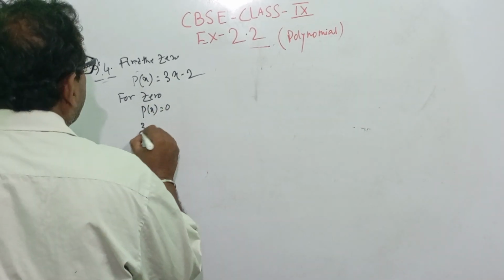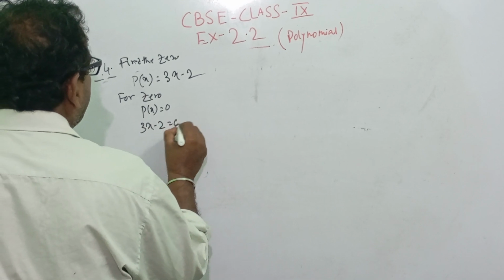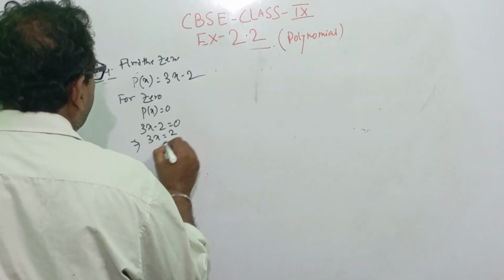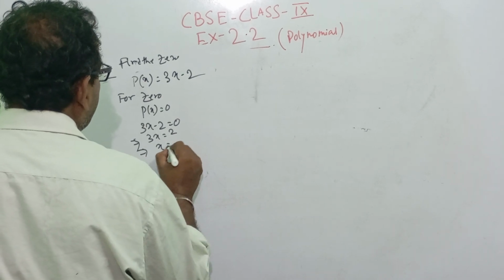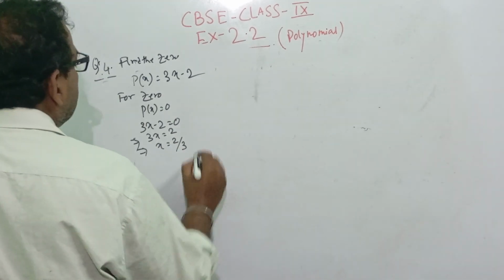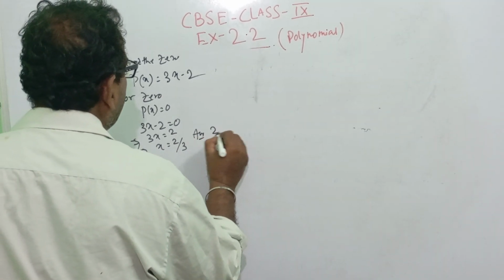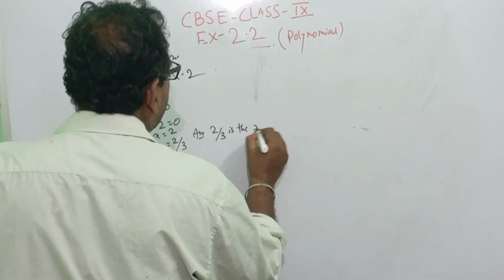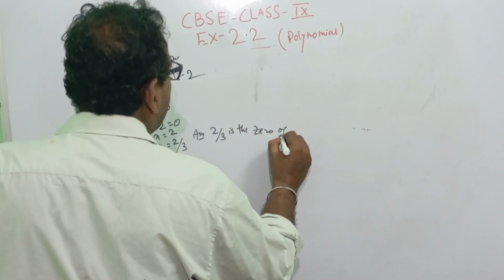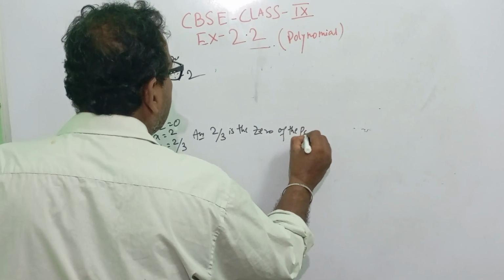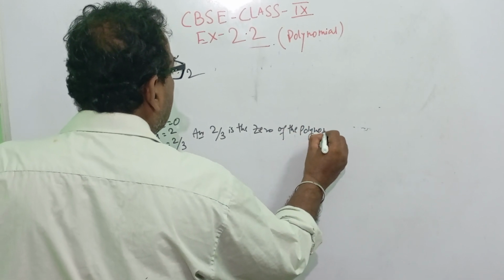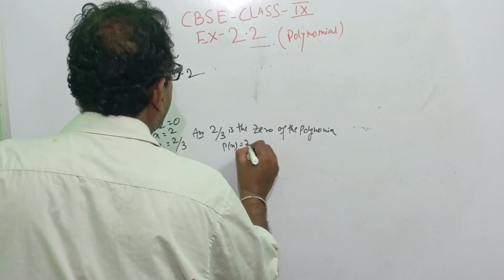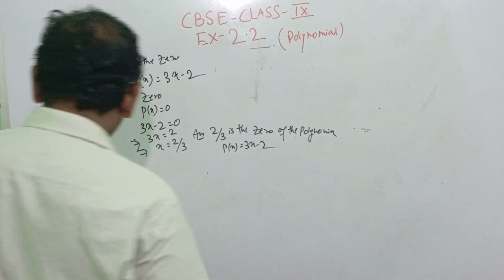What is p(x)? 3x minus 2 is equal to 0. That means 3x is equal to 2. x is equal to 2 by 3. So the answer will be 2 by 3 is the zero of the polynomial p(x) is equal to 3x minus 2.